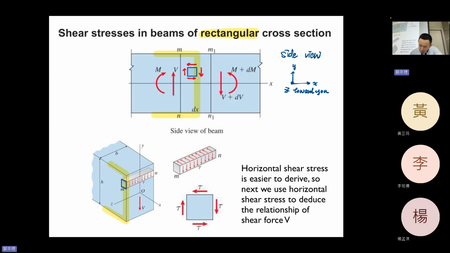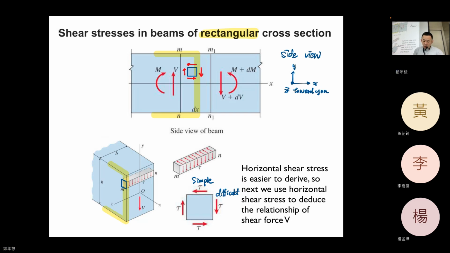So we just say this is difficult. Difficult. Okay, but this is simple. Okay, so it is easier for us to do the force balancing in horizontal direction than the vertical.